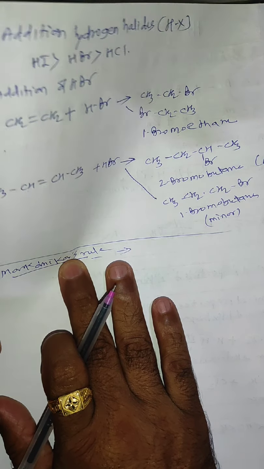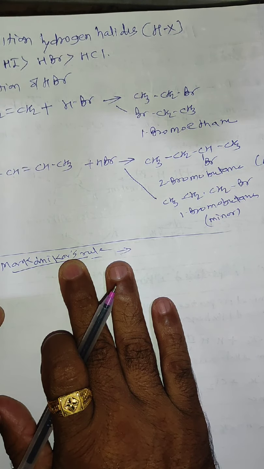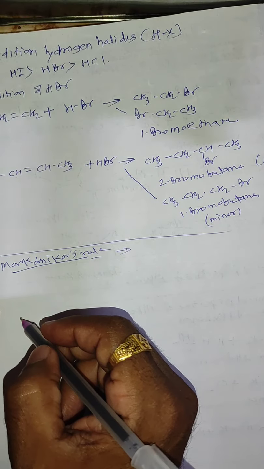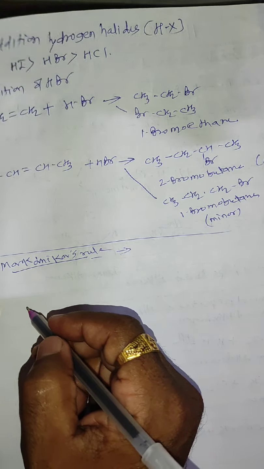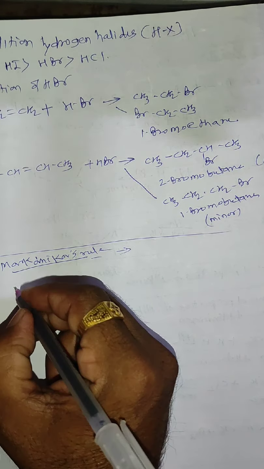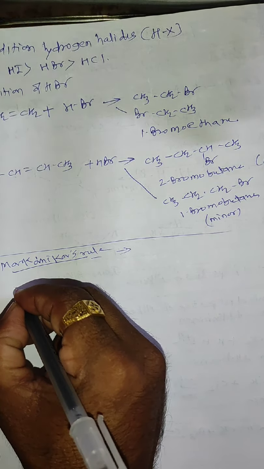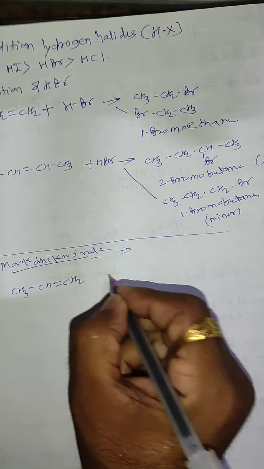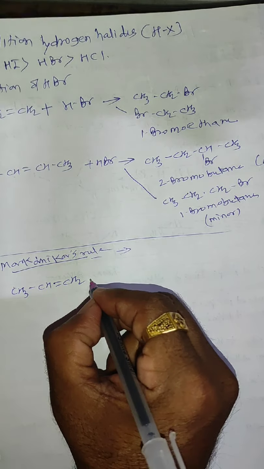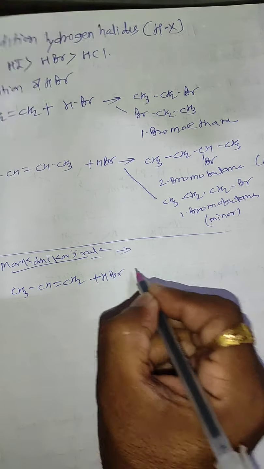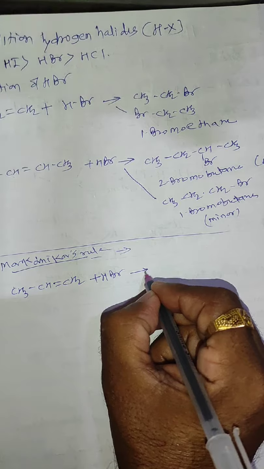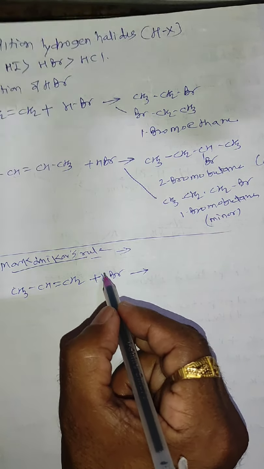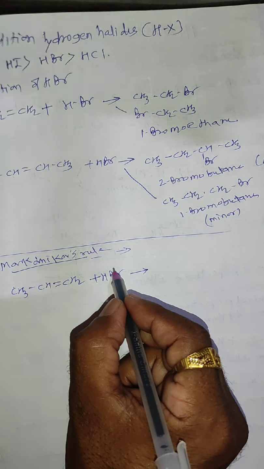Using Markovnikov's rule, take an unsymmetrical alkene like CH3CH=CH2. According to Markovnikov's rule, an unsymmetrical reagent is added to it. This unsymmetrical reagent is like HBr, with H having a positive charge and Br having a negative charge.